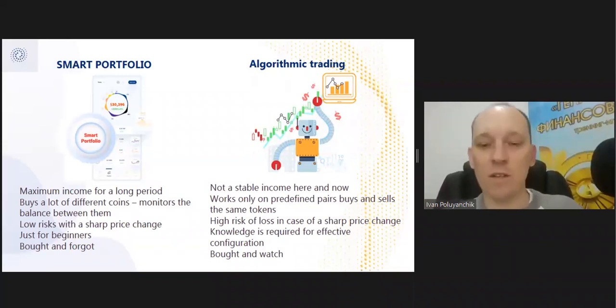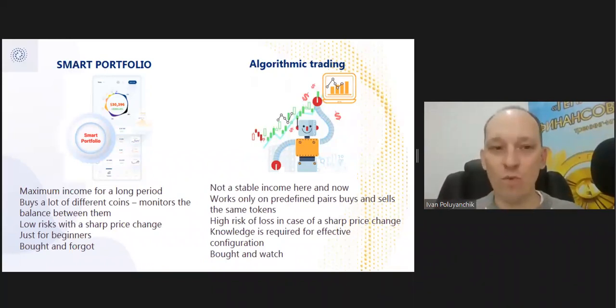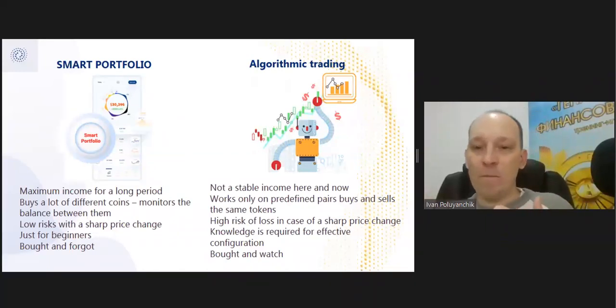The trading algorithm, algorithmic trading, or trading bot, works according to a different principle. It gives you an income. It's not stable, but at least it gives you income here and now. And even if Smart Portfolio stops working, you will still have a portfolio. It will not be balanced eventually, but at least you will have a cryptocurrency portfolio. And crypto will eventually grow in price.